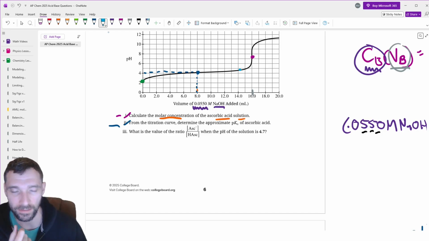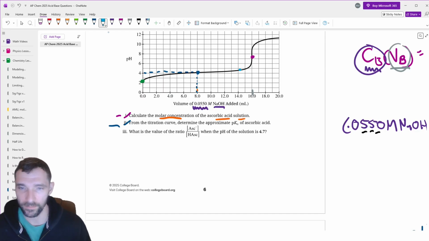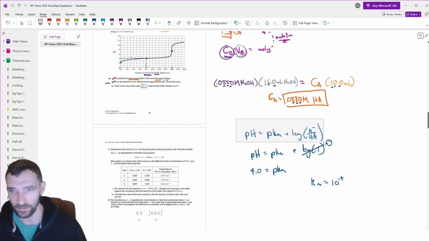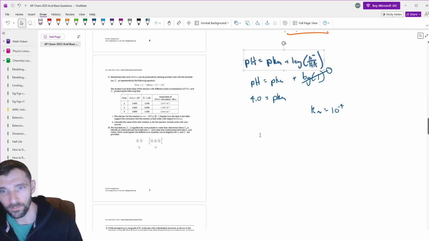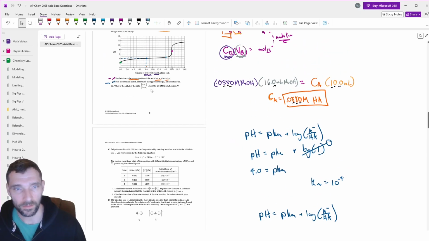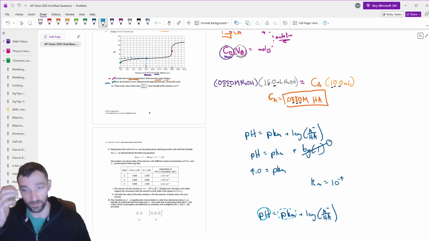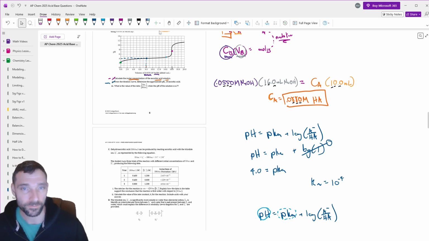They're asking what's the balance between this A minus and HA. And you can do that by looking at your Henderson-Hasselbalch equation. They have basically given us the pH. We also know the pKa from that previous question, and so we should be able to solve for this ratio of A minus to HA.